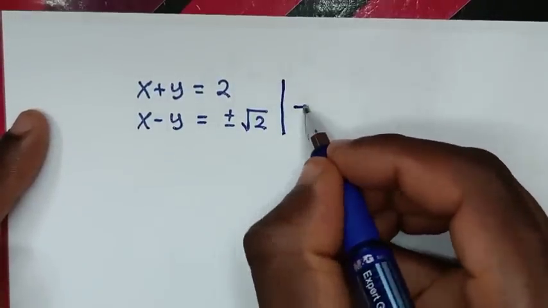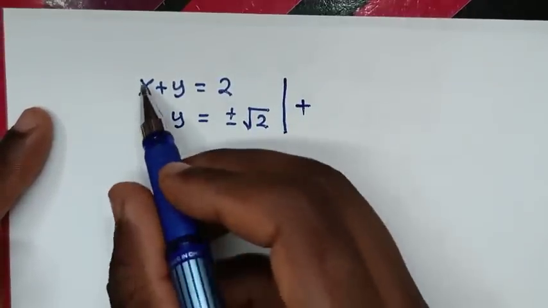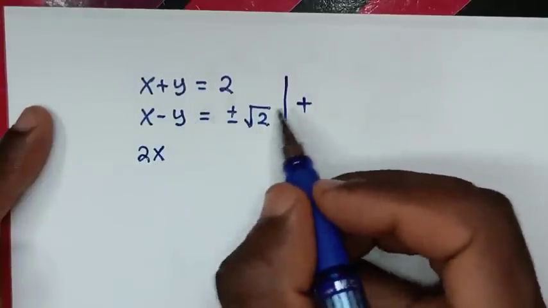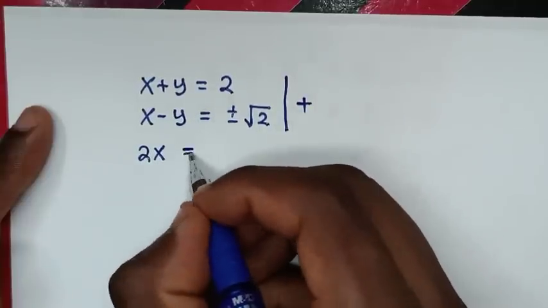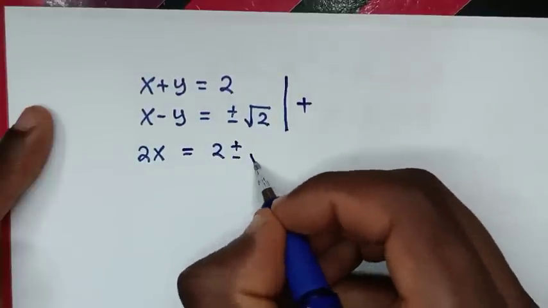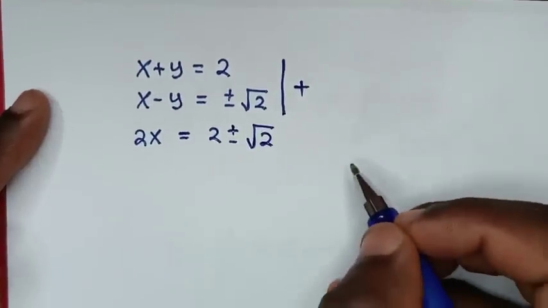So let's add these two equations. So x plus x is 2x, y plus negative y is 0, so it will be equal to 2, then plus this plus or minus square root of 2.